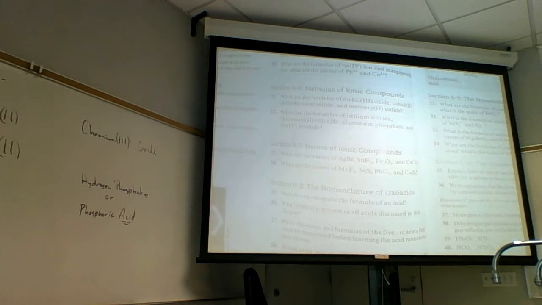Now nitride, the ide tells me it's nitrogen, 3 minus. It's monatomic. There are some exceptions, like hydroxide, but there's no element in hydroxide. So lithium nitride, how many lithiums are we going to need? 3. We need 3 lithiums. That's going to give me Li3N, lithium nitride, solid.